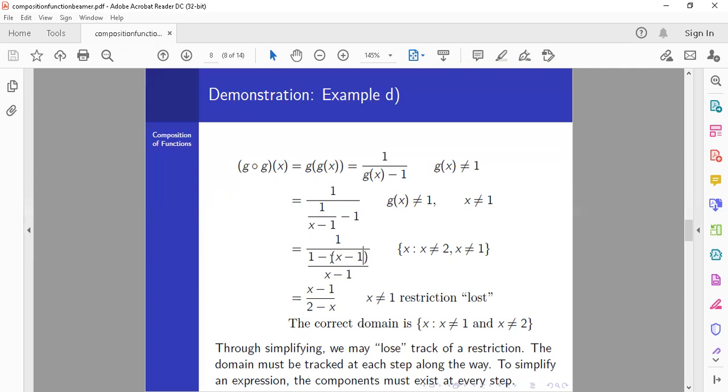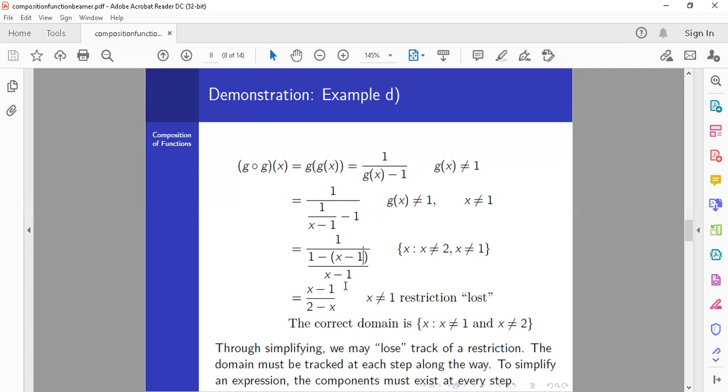Now, doing some simplifying here, I realize that when I have 1 divided by a fraction, I can flip that fraction over. And I get x minus 1 divided by 2 minus x. When I do this simplifying, the restriction that x can't be 1 apparently is lost. All right. And this is incorrect.